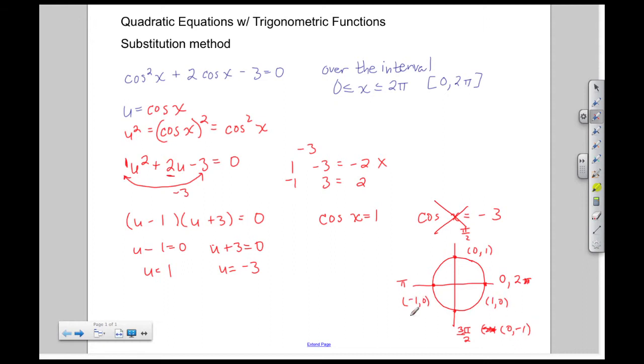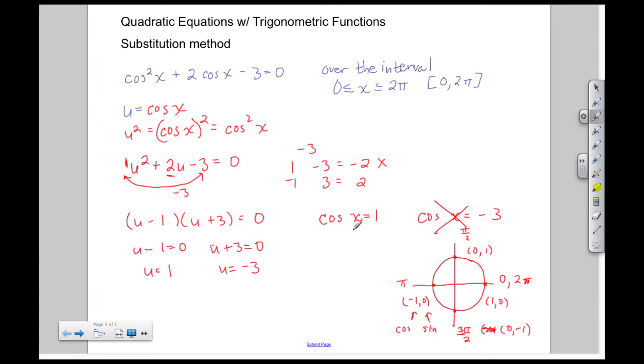Another thing to remember is that the x coordinates symbolize my cosine values, and the y coordinates symbolize my sine values. Please see some of my other videos on the trig functions to get a more in-depth explanation as to why cosine corresponds to x and sine corresponds to y.